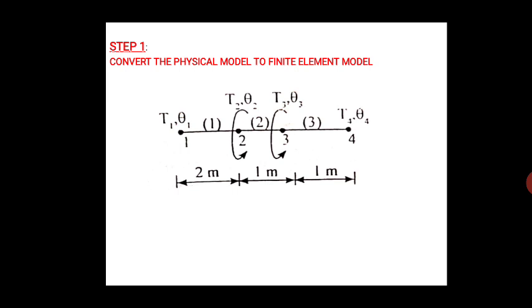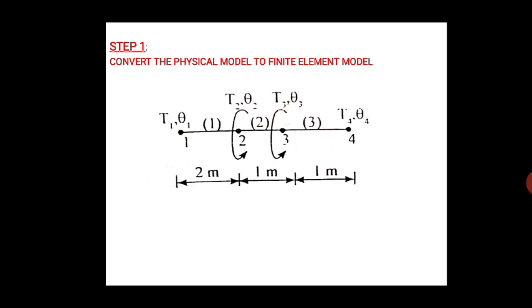Torque T1 and theta 1 are applied. T1 is applied at node 1, T2 is applied at node 2, T3 is applied at node 3, and similarly T4 is applied at node 4. This is the first step to convert the physical model to finite element model.